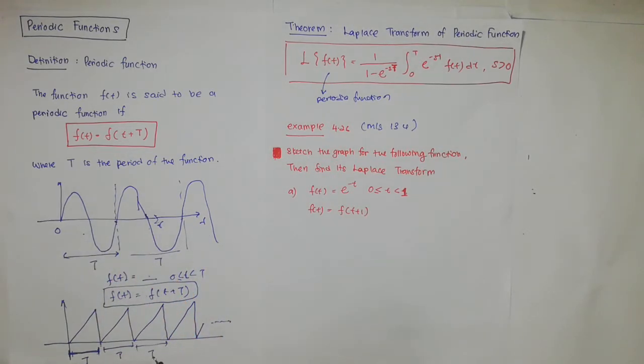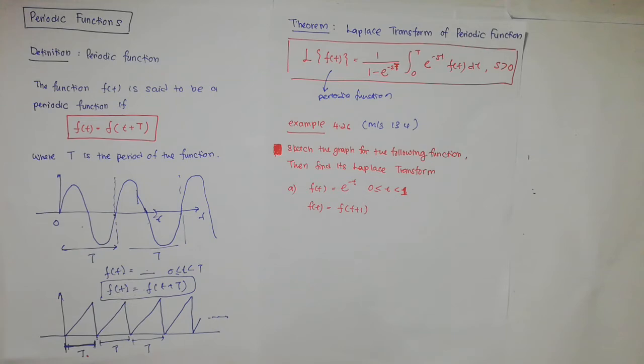Another example of a periodic function is this one, and it repeats over and over again with a periodicity equal to T. So for a periodic function, if you take one cycle, which is f(t), and then f(t + T) is shifted by T, so this pattern will be a carbon copy of the first pattern, and repeated over and over again.